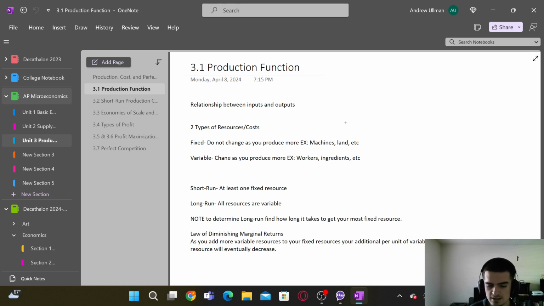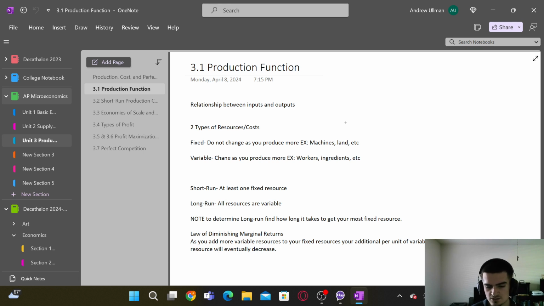An example would be machines or land. So let's say I'm a bakery, right? If I produce 5 cakes this week, or if I produce 100 cakes this week, and I only own one oven, that cost of the oven is only counted once, no matter how much I produce.